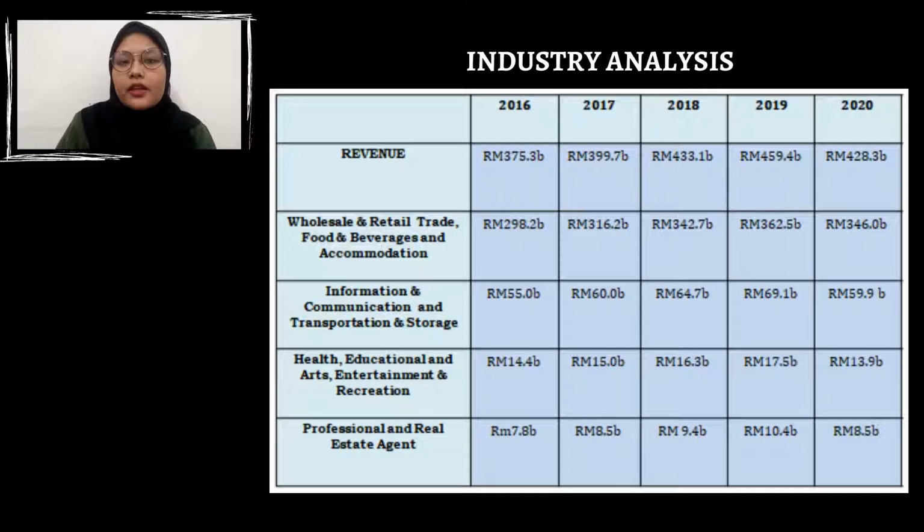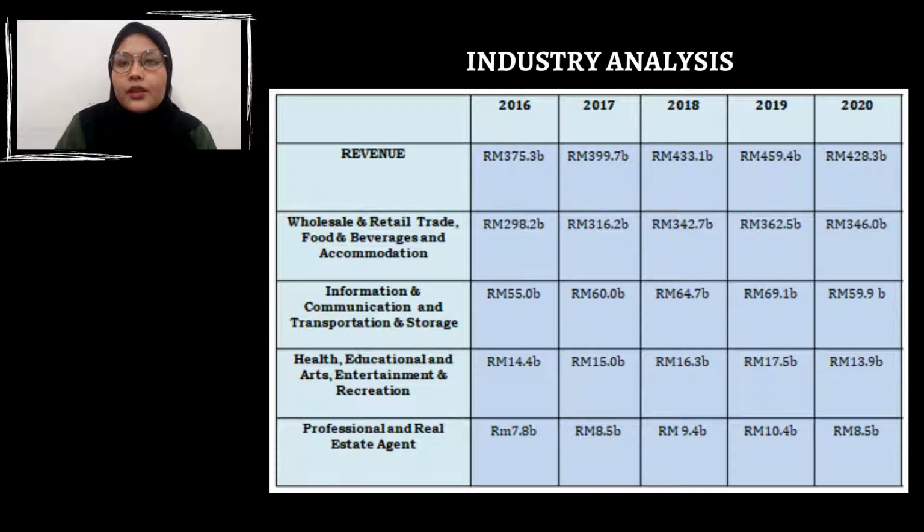For 2017, the revenue of the service sector is 399.7 billion. It increased by 8.5% compared to the year 2016. The contribution to the revenue of the service sector from wholesale and retail trade, food and beverage and accommodation is 316.2 billion ringgit.